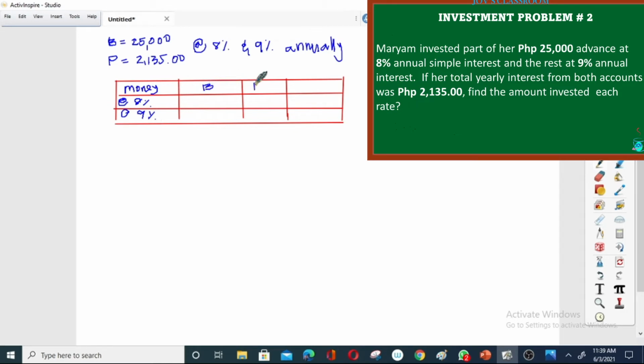This is the invested money, the rate, and then the money with interest.